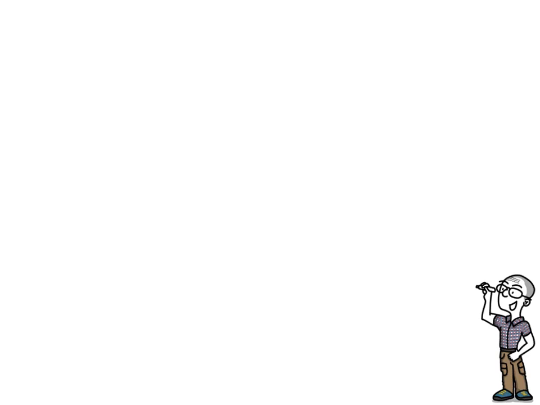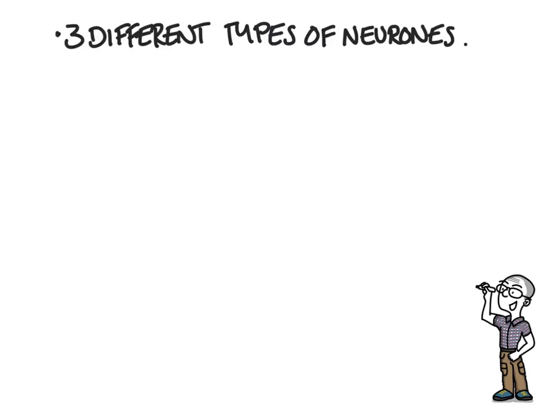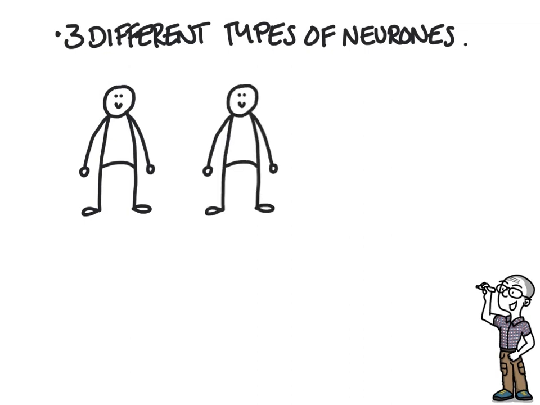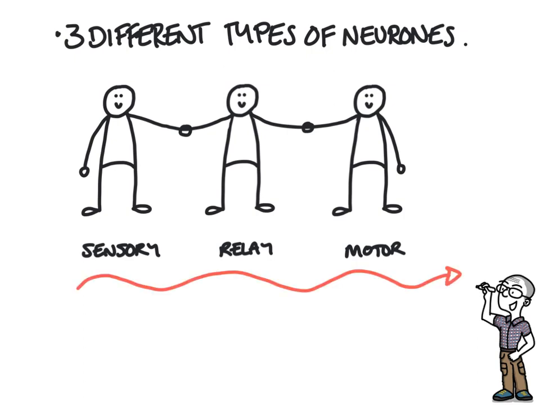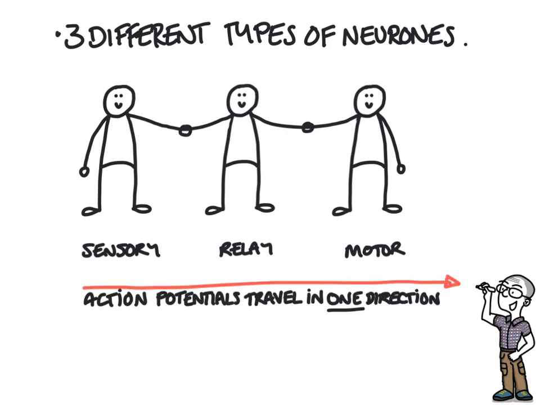You need to understand the structure and function of three different types of neuron: sensory, relay or interneurons, and motor neurons. Let's imagine a bit of old school breakdancing. These three characters are going to represent our neurons for now, and they want to send a wave down their arms. The wave is going to travel in one direction only, and this represents the action potential travelling between the three types of neuron.